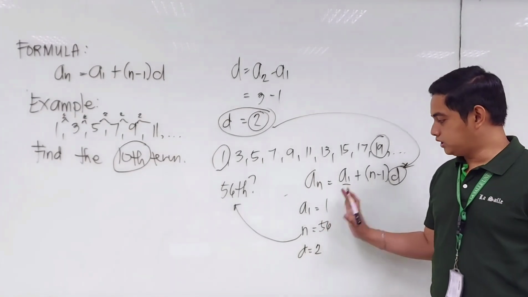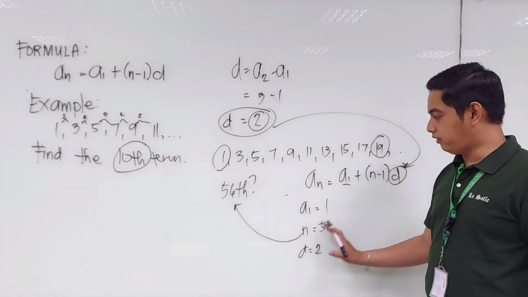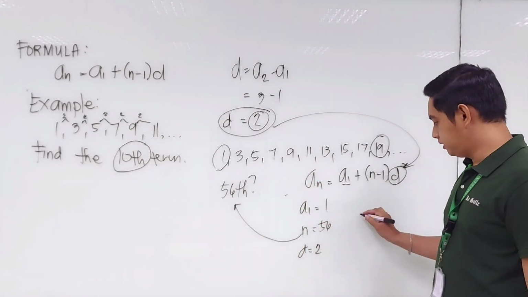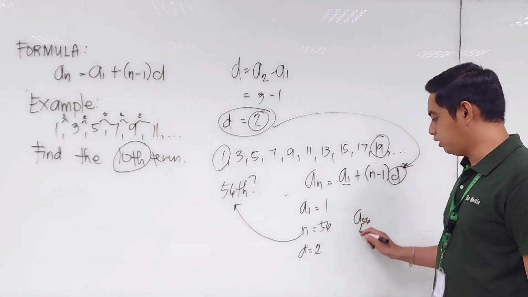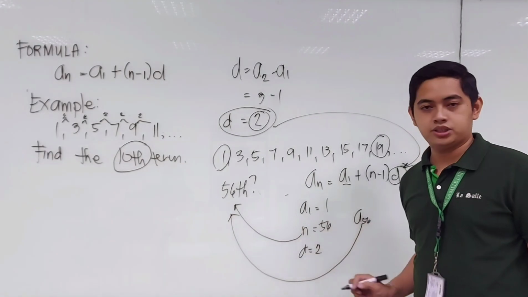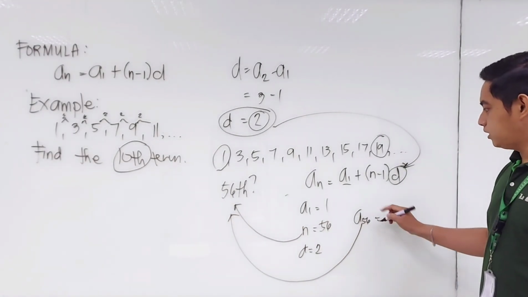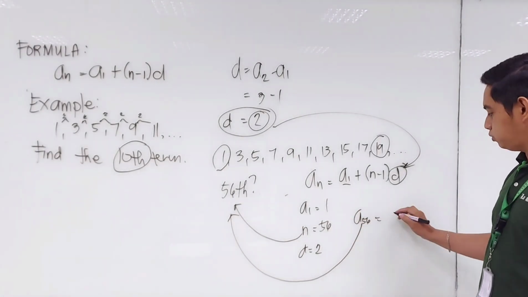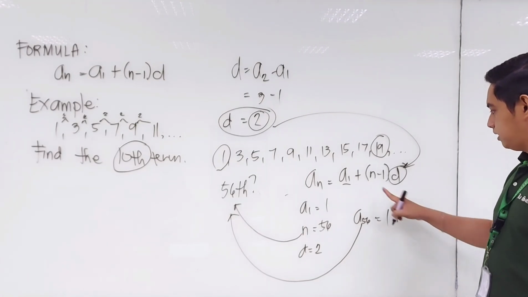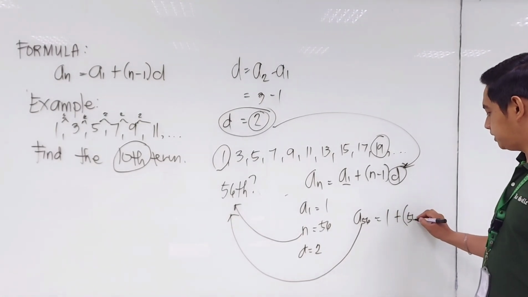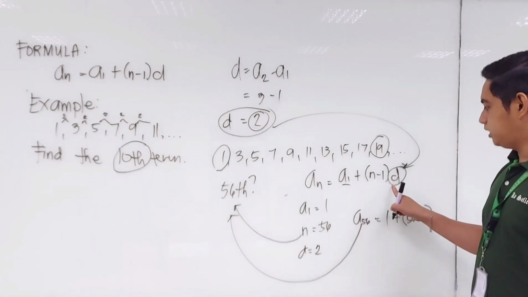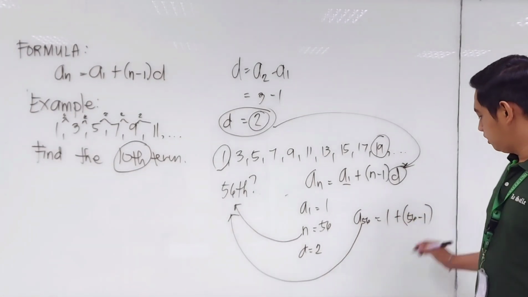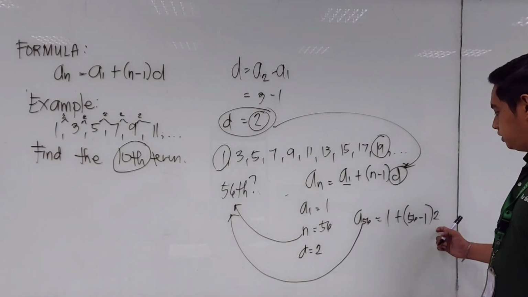So all you have to do is substitute these given values into our formula. So we have a sub 56, because we are looking for the 56th term, is equal to a sub 1, which is 1, plus n, which is 56, the number of terms, minus 1 multiplied by d, our common difference, which is 2.